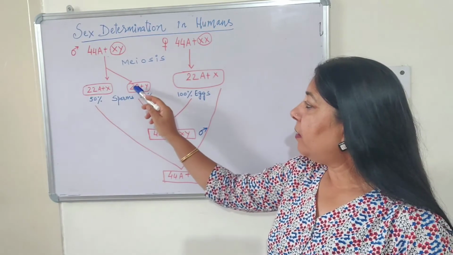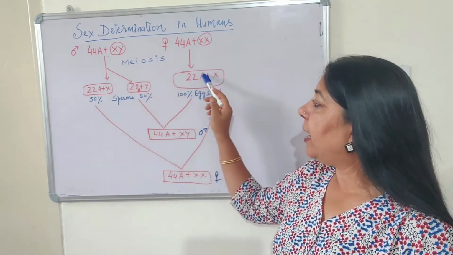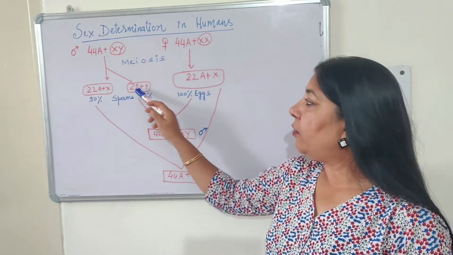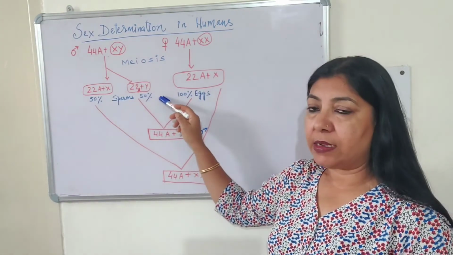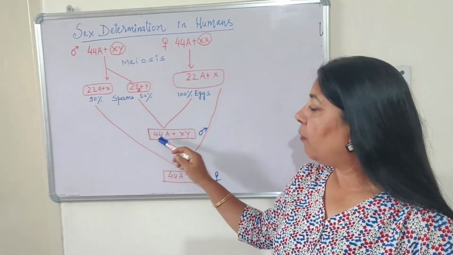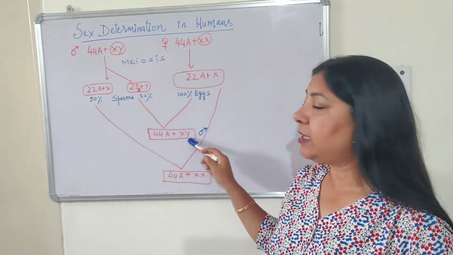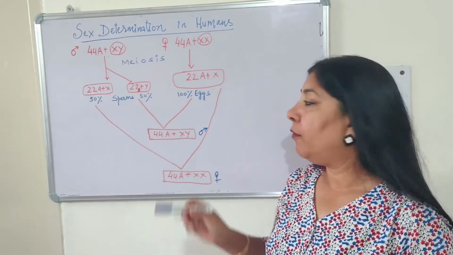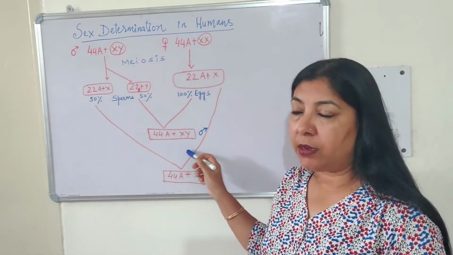So when this gamete fertilizes this egg, that is 22A plus Y, then the combination becomes 44 autosomes plus XY. So the offspring which is produced will be male.